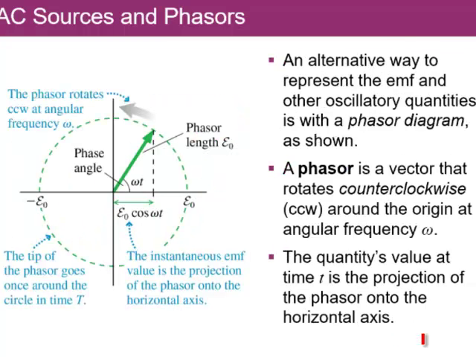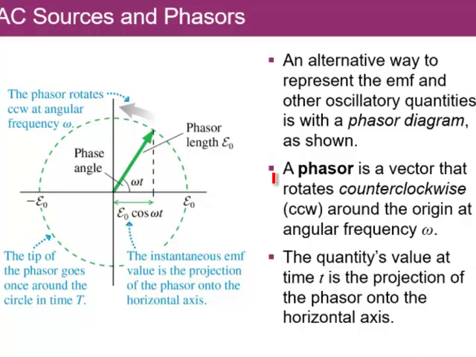Now, we need to use a different technique for this chapter to represent the function, especially for combinations that will come up later with RC and especially RLC circuits. So a phasor is a technique that allows us to show quantities that are oscillating in a vector form.